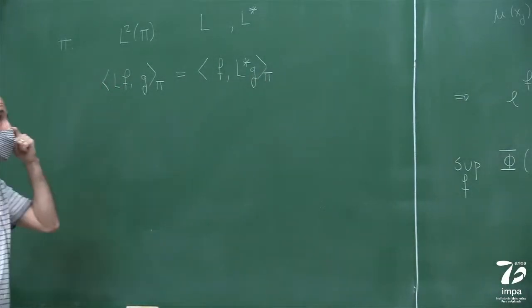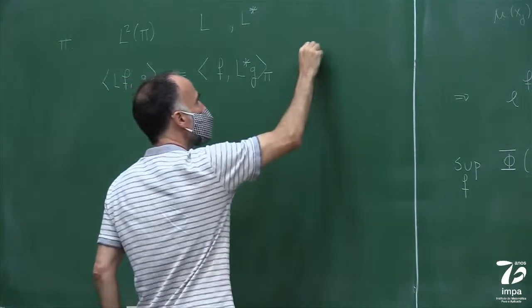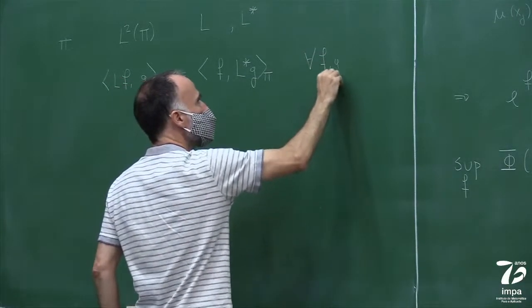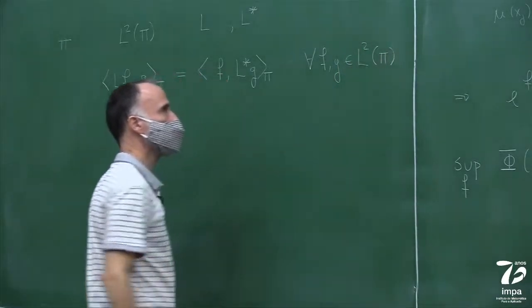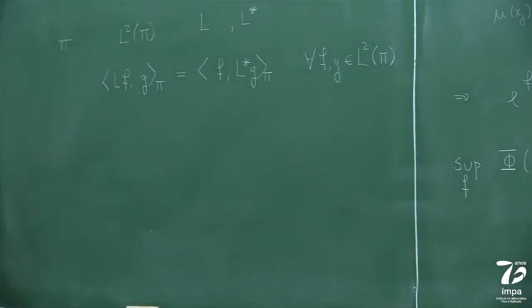Okay, and this holds for all f and g in L2 pi. So this is the definition of L star. We are in a finite state space, so it always exists. We don't have to bother with the domains.